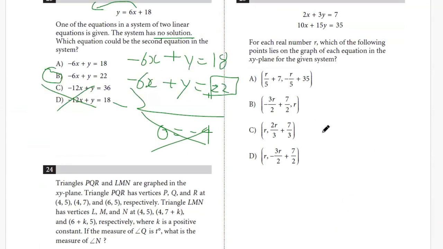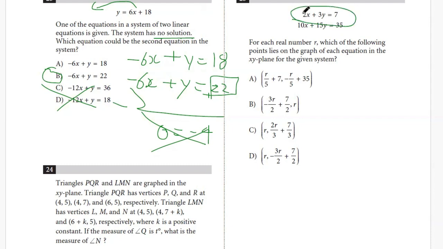Okay, question number 25. For each real number r, which of the following points lies on the graph of each equation in the xy-plane for the given system? Since there are infinitely many solutions here, I'm going to just pick this one over here.